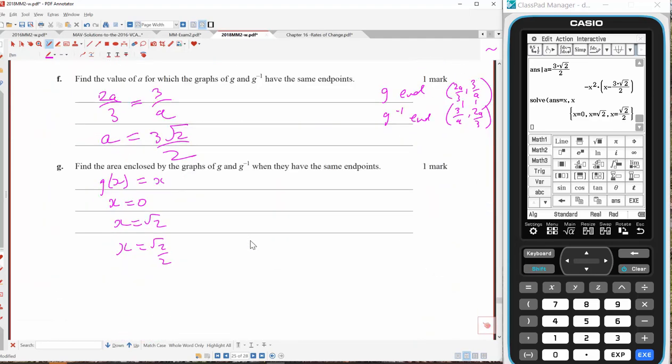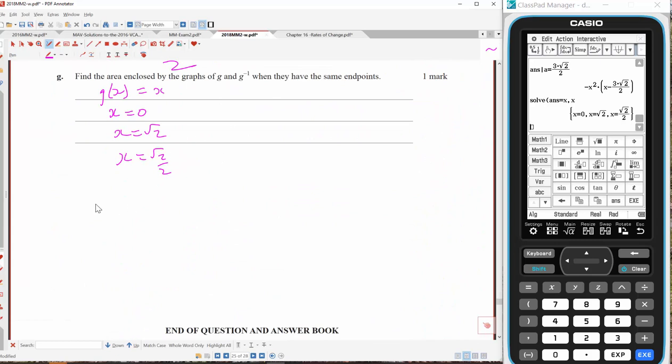All right, so to answer this, I will find the area enclosed. What we're looking for is a straight line, my function goes like that, and then its inverse will wrap back around like that. So I'm going to go top function take away bottom function, and then top function take away bottom function. This is on the original, and then double it to get the areas that I didn't include for the inverse. Okay, so here goes.